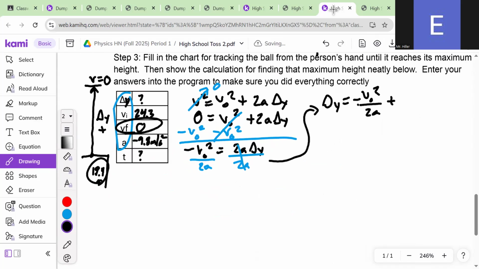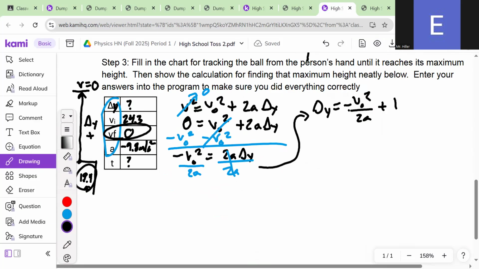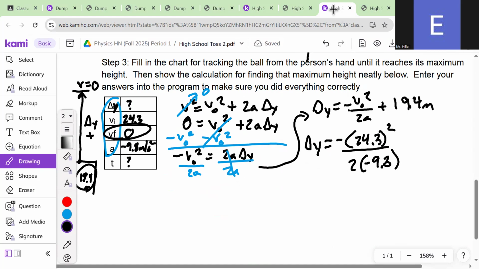My height of my building is 19.4 meters. So just remember to add it to the original height of your building to get the max height off the ground. All right, let's plug in our numbers. So for me, it's negative 24.3 squared over 2 times negative 9.8. The two negatives will cancel, so you're good to go there, plus the height of your building.